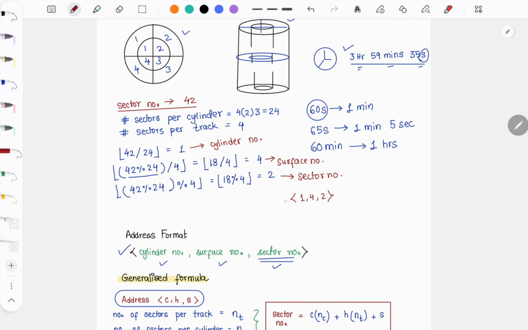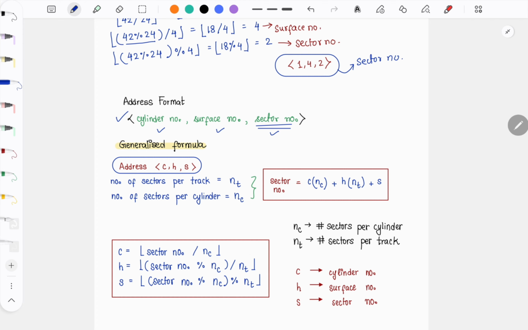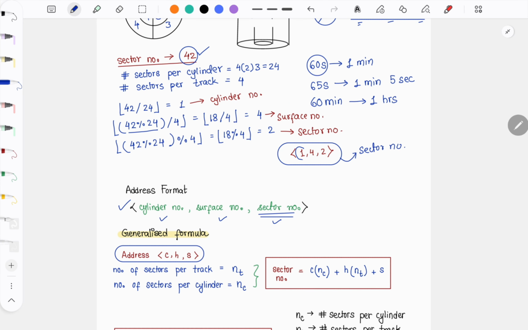In a similar manner, if we are given this address and want to find the sector number, like this one, 42 was given, we decoded it and wrote it as 1 4 2, and we want to revert back to 42, we'll use these formulas. This one represented the cylinder number, this one the surface number, this the sector number.